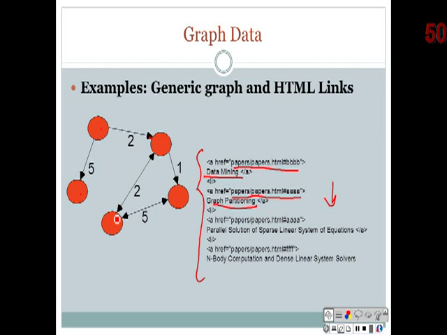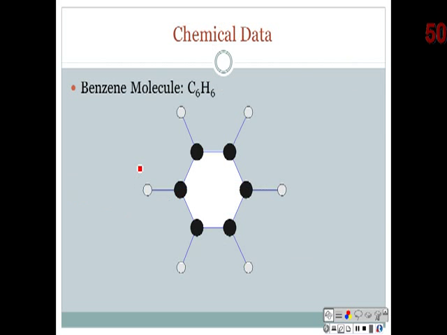As you know, this page has a link to this page, and this page also links to that page, whereas in this one only this page is linked to that one, etc. So you can convert any logs that exist on the web into a graph, and then you can analyze that graph and find patterns from it.